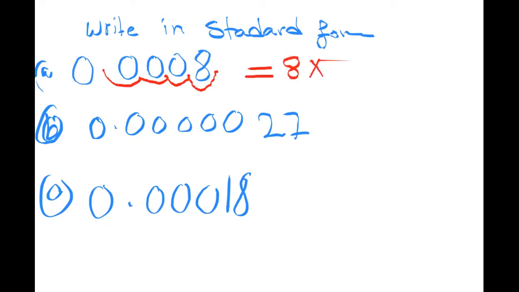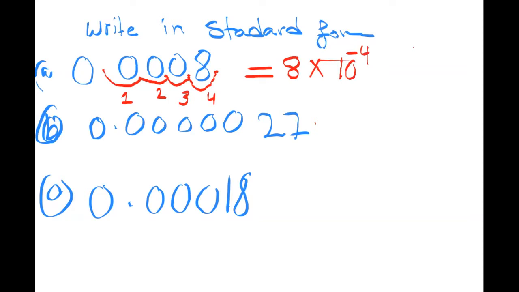Let's count together. 1, 2, 3, and 4. So it becomes 10 power negative 4. So this is my number in standard form. So if I have a number in decimal, the power must be negative, okay?